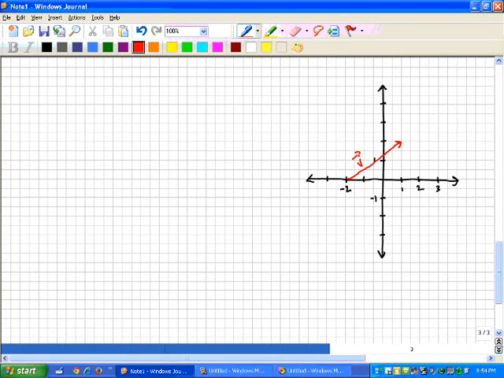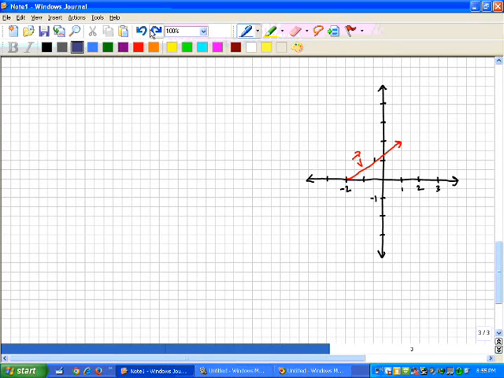If we let V be this vector, we can consider the distance as the shortest distance traveled between the initial point and the terminal point on the vector.